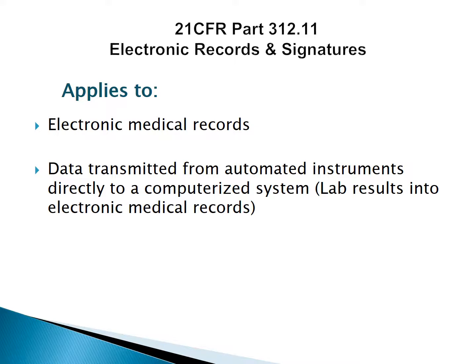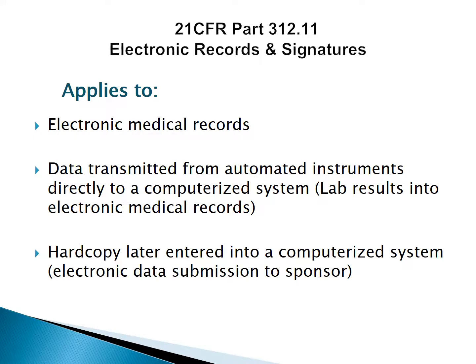So a good example is if you're in the hospital, you have an electronic medical record, and every morning when you get lab work done, those lab results automatically populate into the electronic medical record. So there is a data transmission there. Also this applies if there is a hard copy that is then later entered in a computerized system, especially in cases where the electronic data is submitted to the sponsor.